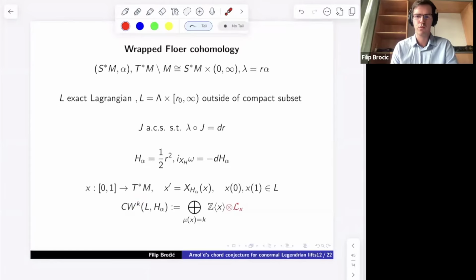Or if we want to decorate our cohomology with local systems, we will tensor each generator with the fiber over the associated chord, L_x. And here the topological space on which we consider a local system is the space of paths inside the cotangent bundle with endpoints on our Lagrangian.